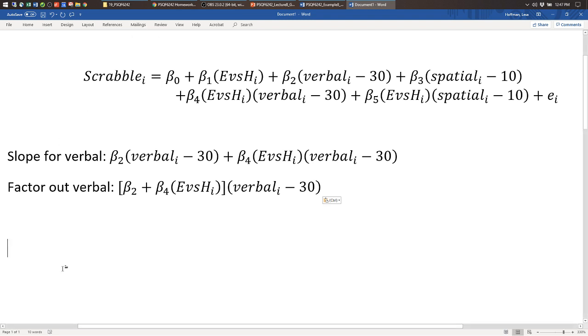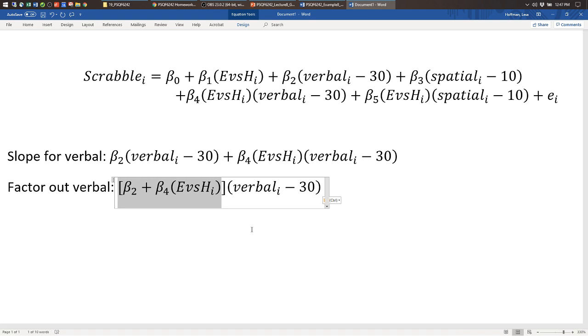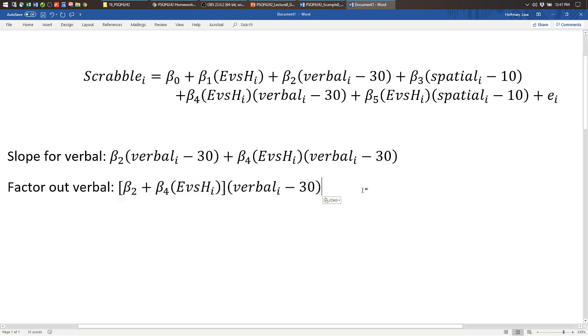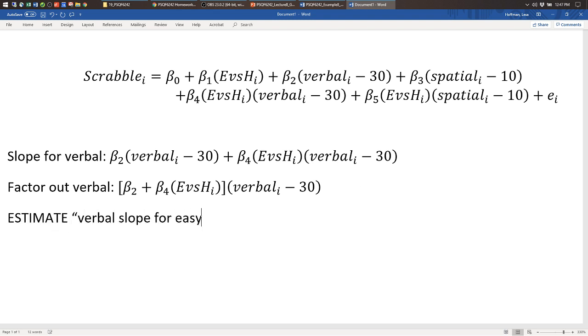So this linear combination right here is the basis of your estimate statement to get the verbal slope for any type of opponent. So if I were to do, let's say, easy, which is easy because I don't actually need to write it, which is why I can give this to you. So we'll do estimate verbal slope for easy. Then I need the word for the predictor that corresponds with that slope.